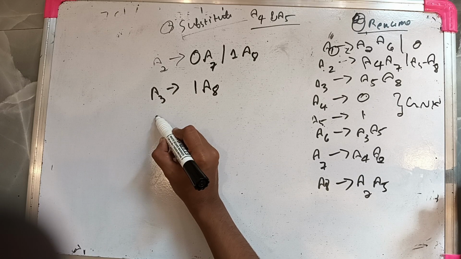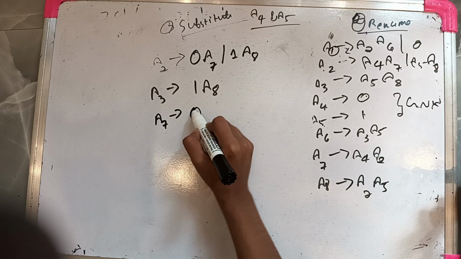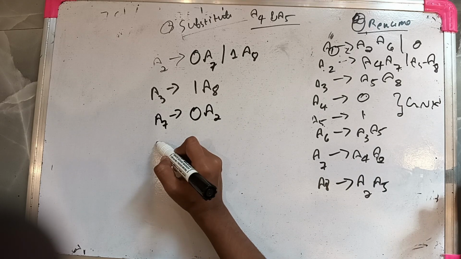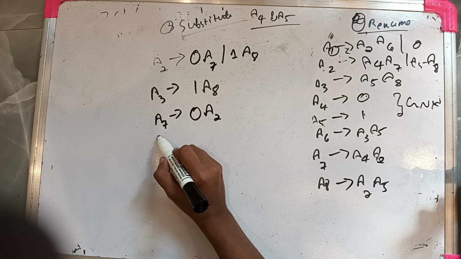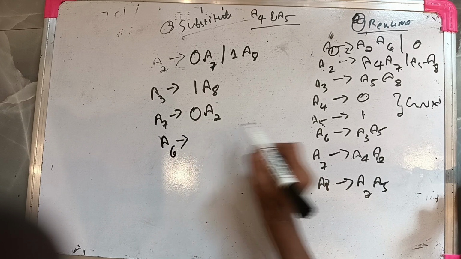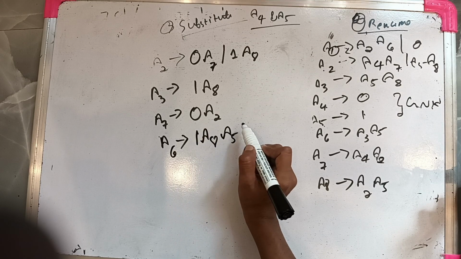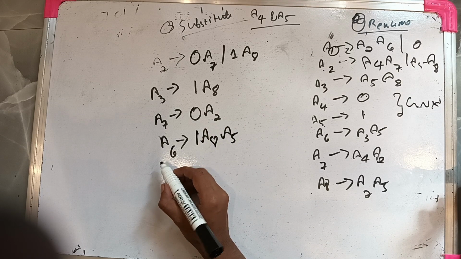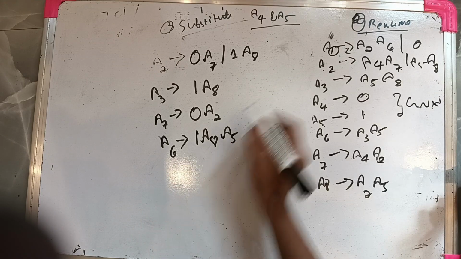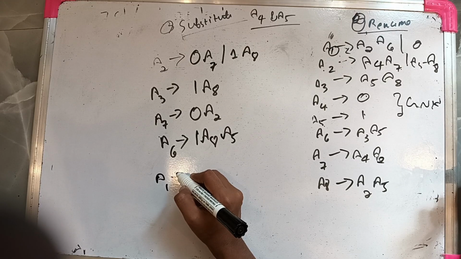Next, in case of A7, A4 means 0 and A2. In case of A6, A3 means 1, A8, A5 means A5, correct? After that, I will go for A1 now. A1 means A2, A6, correct?